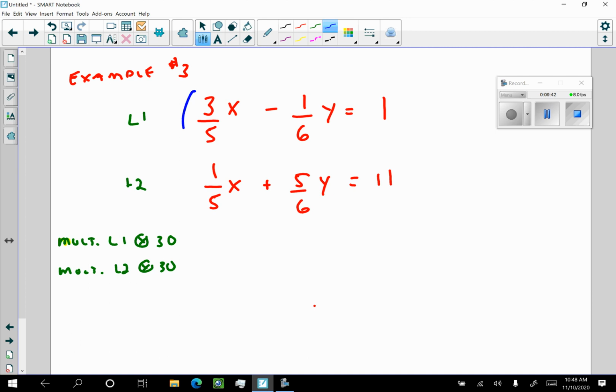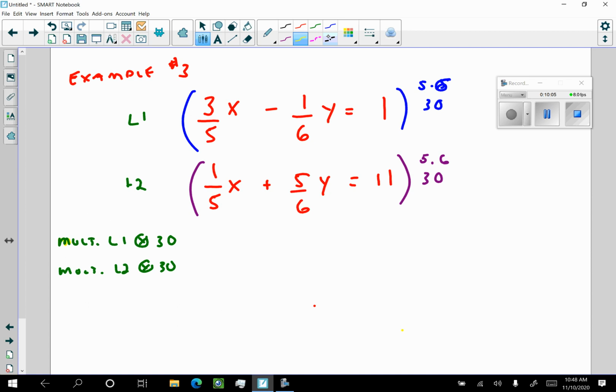So let's do this guy first. And keep in mind, 30 is the same as 5 times 6, not 5 times 5, silly head. And let's do this funky purple color here. I'm going to multiply by 30. 30 is 5 times 6. And let's go first and foremost, 30 times 3/5 x.